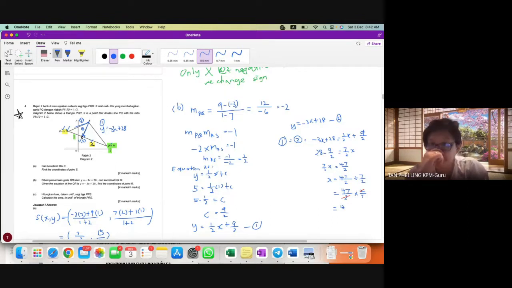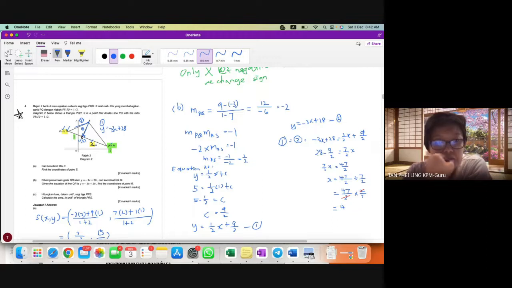Something wrong. Did I count wrongly? This equation is already wrong. What happened? 9 minus negative 3 over 7 minus 1.